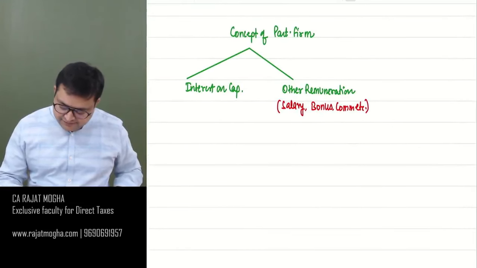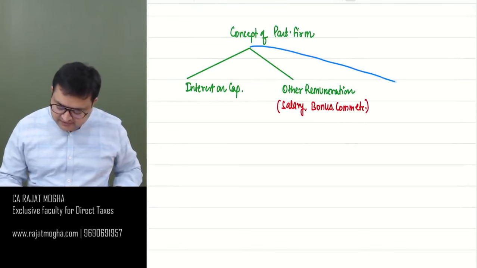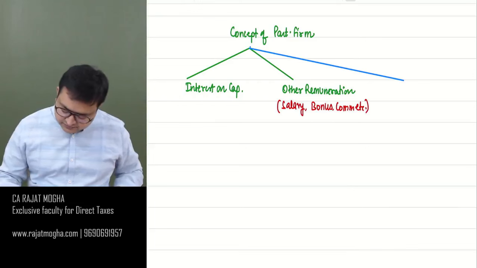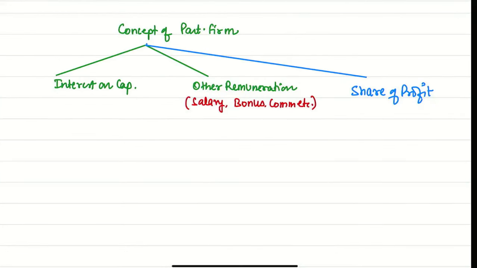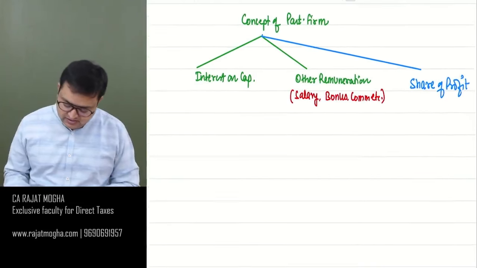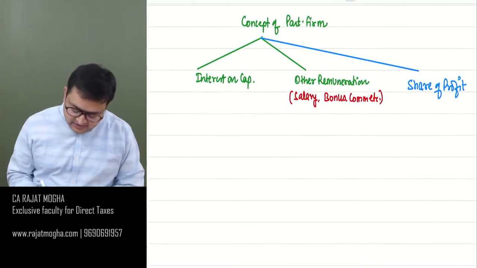And if the partners receive share of profit, let's say this is a working partner or a non-working partner.